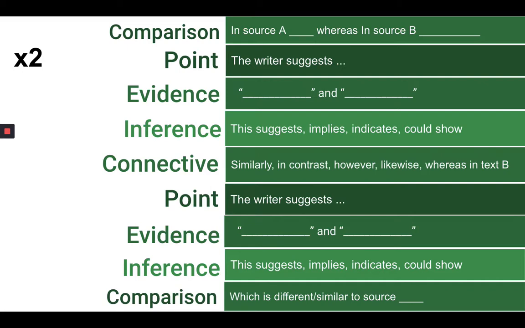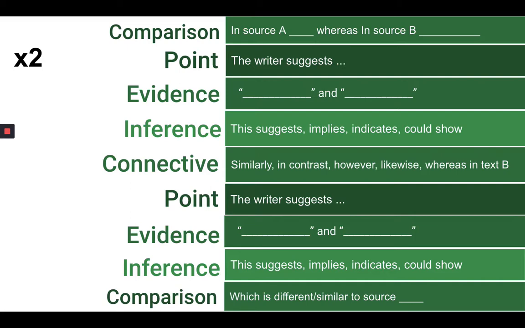So the writer suggests that the people were unprepared, give your evidence, and then your inferences: this suggests, implies, indicates, or could show. Try to give more than one layer of inference. Use a nice connective to shift to your next text. So in contrast, in source B, the writer suggests that the snow just stopped traffic.